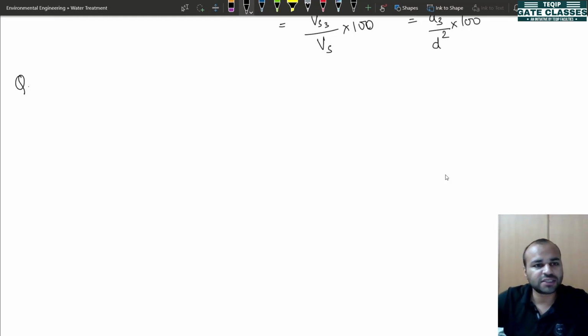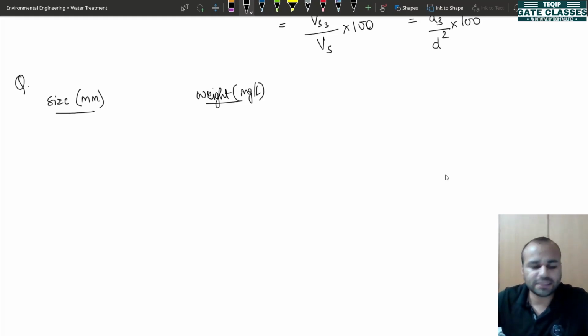The question says to find out the percentage removal of the smaller size particles. Now there is some language, I am not concerned about it. I am much more concerned about the size of the particles, the table that is given, and the weight, or it is given in the form of concentration also, you can say.